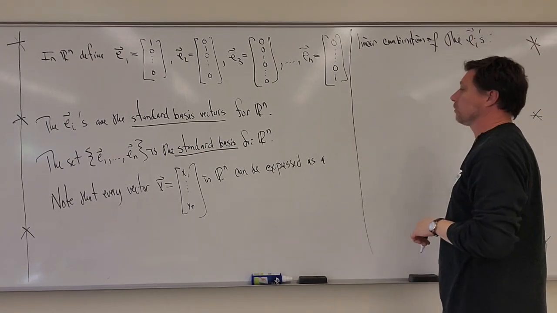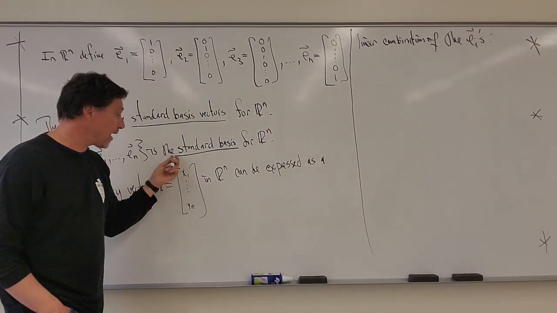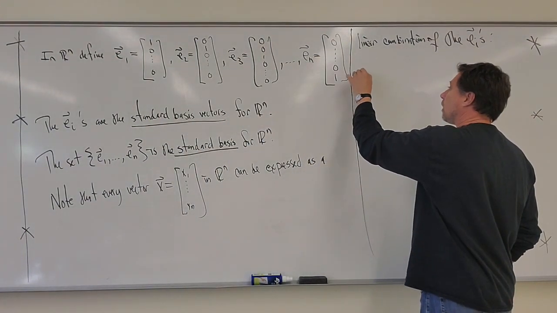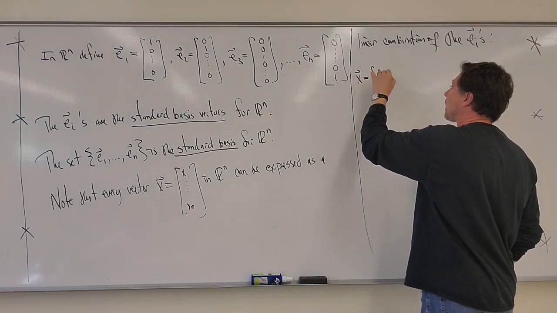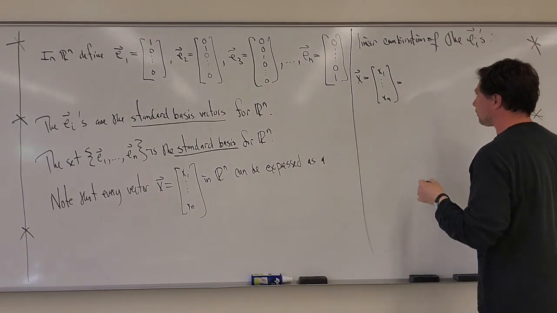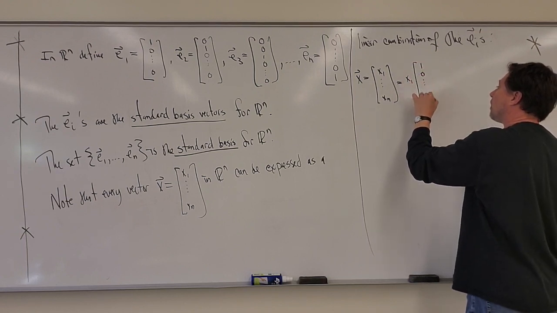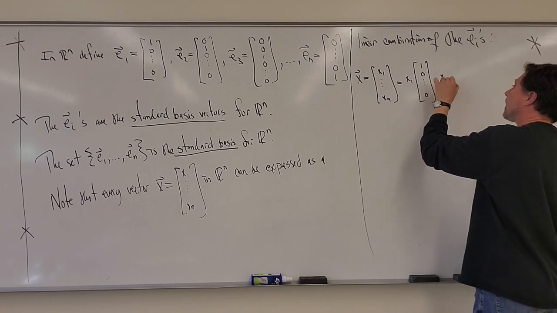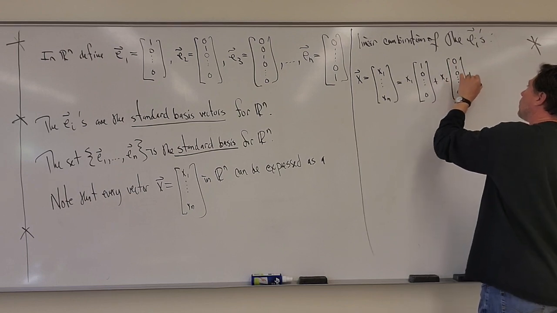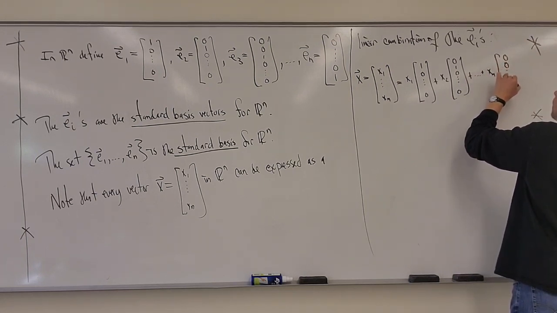That's really the point, why we care about the standard basis vectors: every vector x in Rn can be expressed in terms of the standard basis vectors. So how does that go? Well, x, which is x1 down to xn, is equal to x1 times the first standard basis vector plus x2 times the second one plus dot dot dot plus x sub n times the last one.